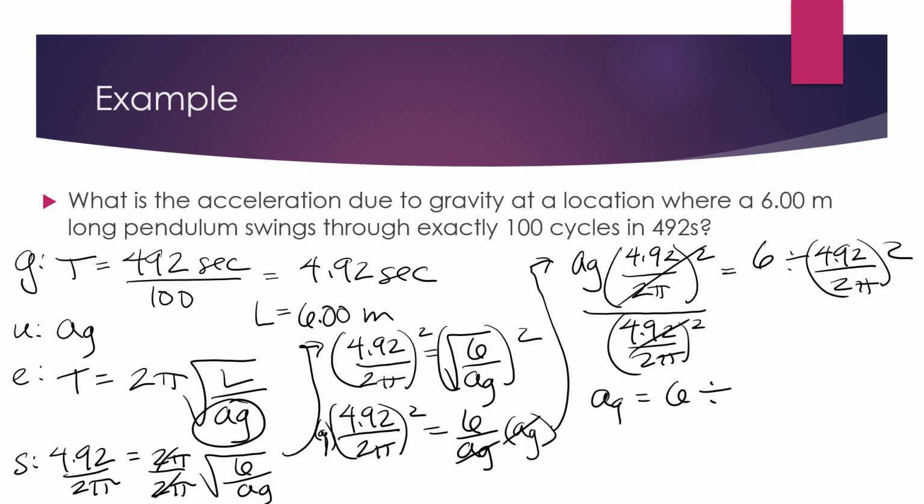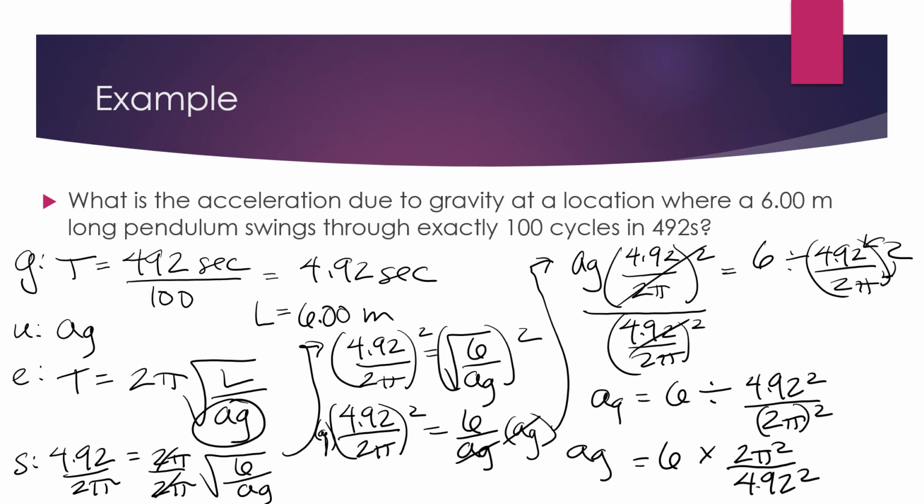I can distribute the square to both, so 4.92 squared over 2 pi squared. Okay, this is some serious algebra. Keep, change, flip. Okay, there's all the algebra I need to do to get to my answer.